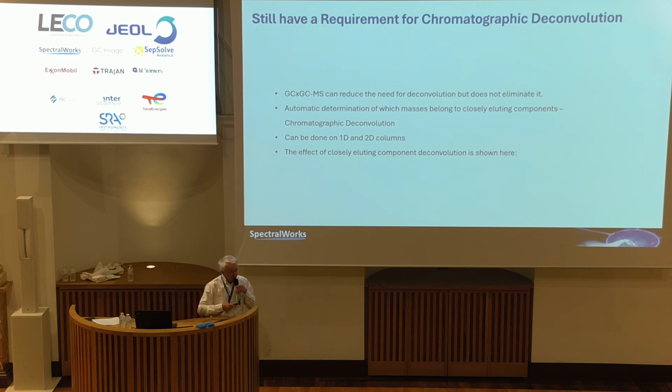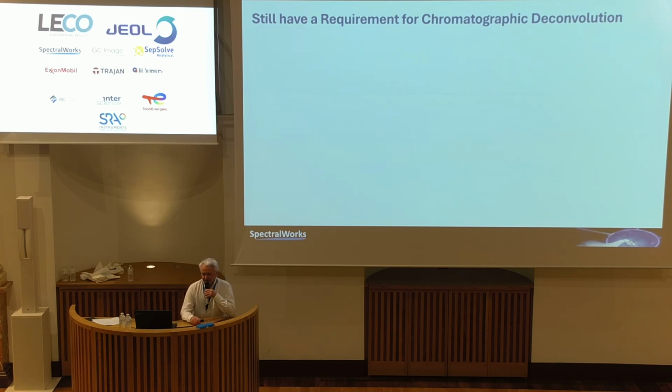Although the separation is potentially a lot better, you still have a requirement, or it makes it more robust, to be able to have this chromatographic deconvolution. We determine which masses belong to which particular peak, and we can do this on the 1D and the 2D types of columns. And we're not the only people that do this. Chromatographic deconvolution is available. So the effects of closely eluting components, we still have that requirement.